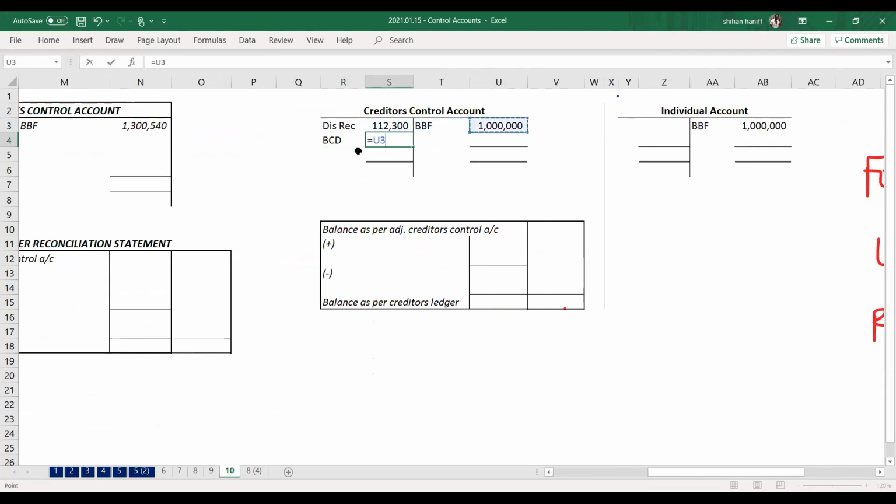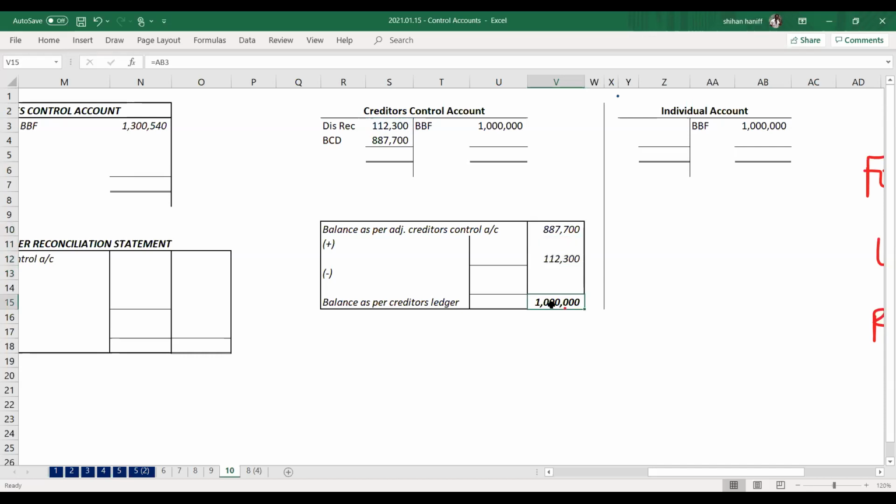So the closing balance is 887. You should get 1 million as the answer. So what do you do? Plus or minus? You have to add 112,300.